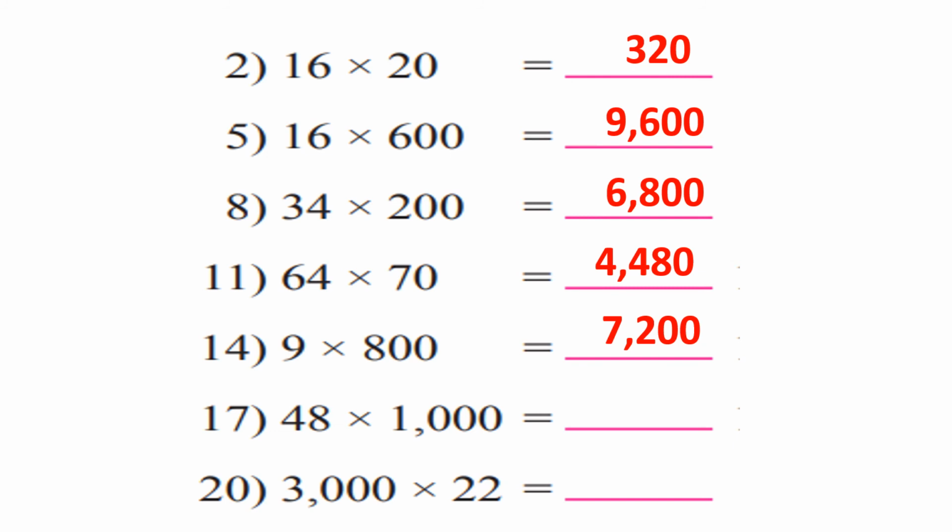Next is number 17. 48 times 1,000. 1,000, 3 zeros, you write here 3 zeros. 48 times 1 is 48. Your answer is 48,000. Number 20. 3,000 times 22. 3,000, 3 zeros, you write here 3 zeros.